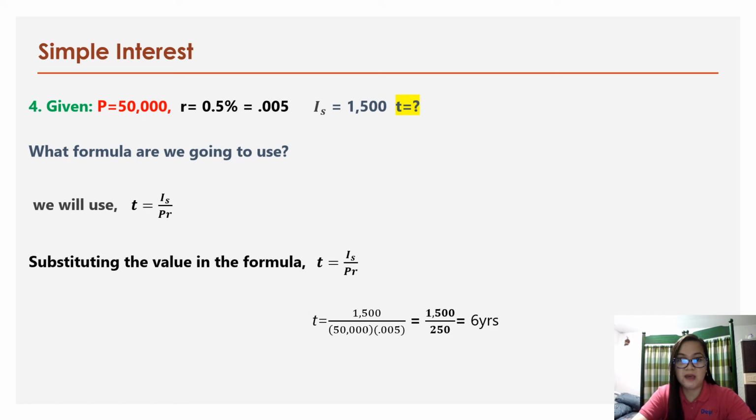By the way, we also converted 0.5% to decimal form, which becomes 0.005. 50,000 times 0.005 is 250. So 1,500 divided by 250 is equal to 6 years. Therefore, the time is equal to 6 years.